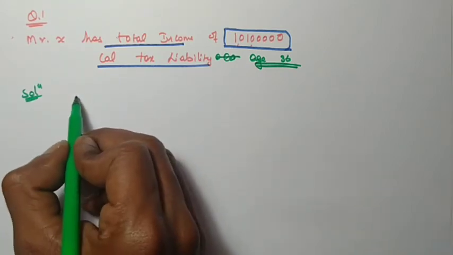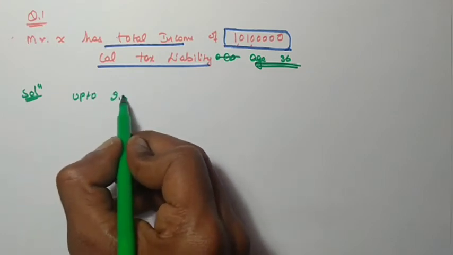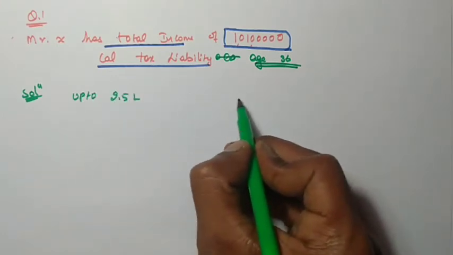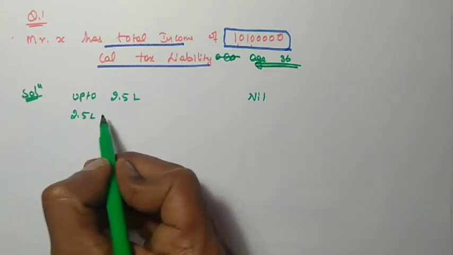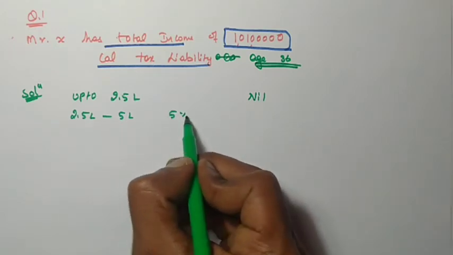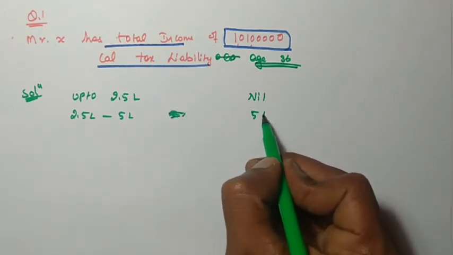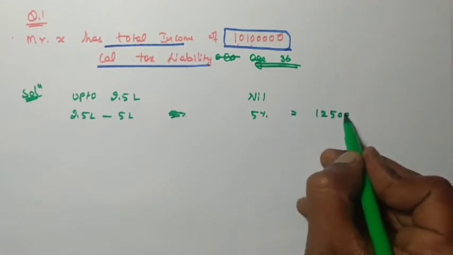For these persons up to 2.5 lakh, nil rate of tax. From 2.5 lakh to 5 lakh, 5%, sorry, 5% equals 12,500 rupees.